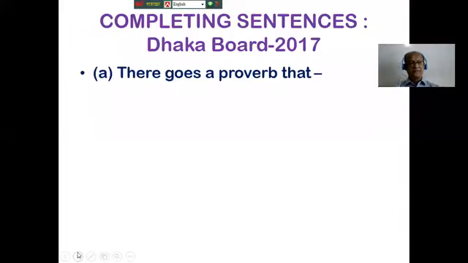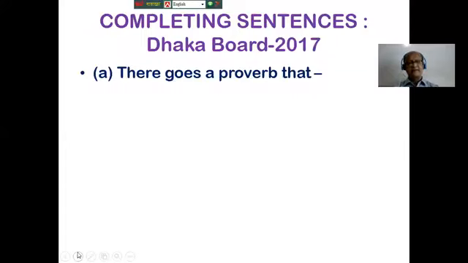So now there goes a proverb. And what sort of proverb you will choose, you do not know. This is the first sentence of the question. So what we have to do, we have to look at the next sentence before we write this. Let us see the next sentence.